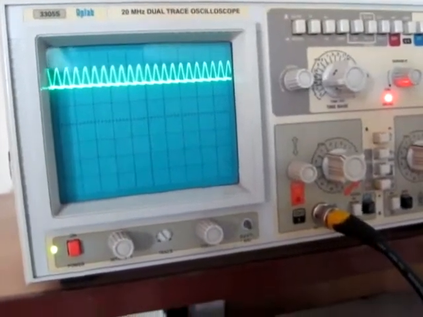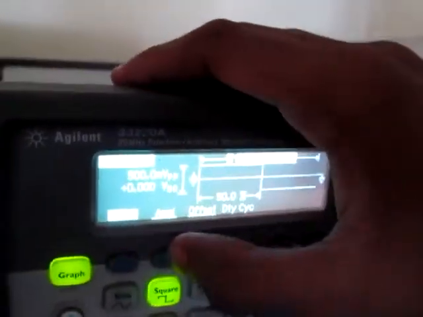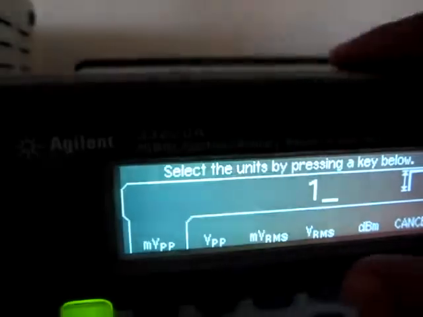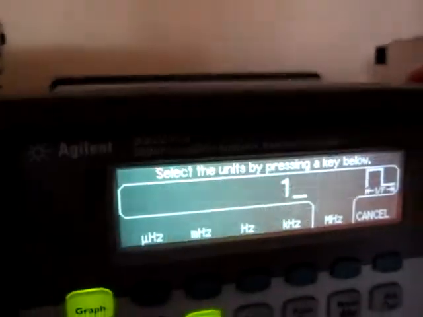Now for the second part of the experiment, we will give a square wave of 1 volt peak to peak and frequency 100 Hz, and we will observe the transient response of it.